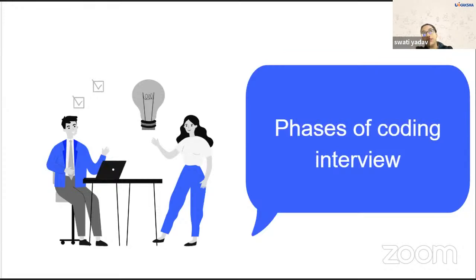Now, the interview process has different phases. Okay. Landing an offer with the top product-based companies is difficult, but not impossible. And in order to crack the interviews, you need to be completely thorough with DSA, algorithms, system design.